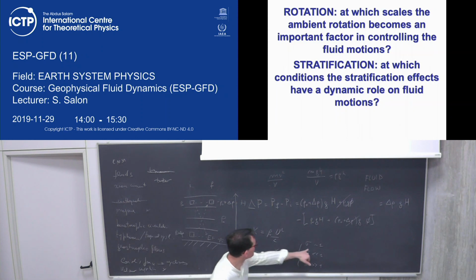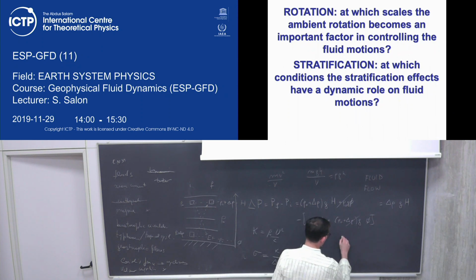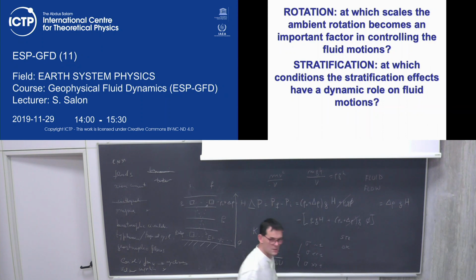Okay, so if this is of order 1, if I want to change the stratification, so I want to change my potential energy, I have to give also kinetic energy of the same order. So stratification is very important.